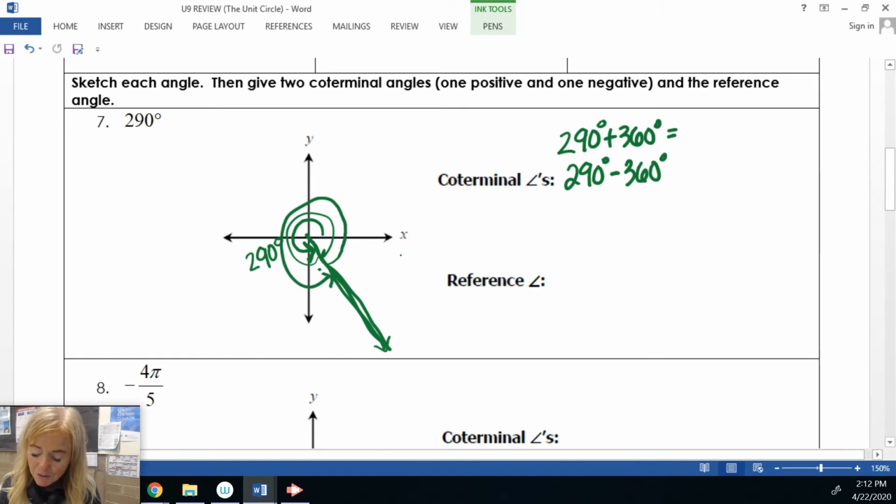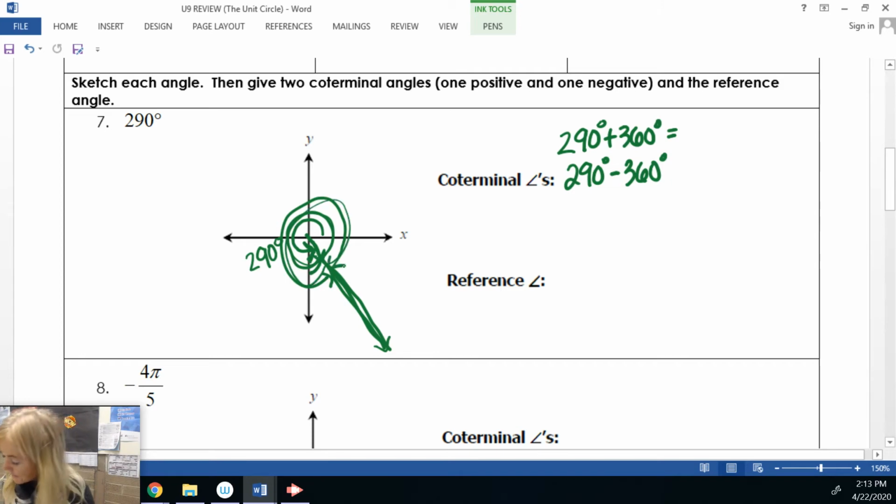So I'm not sure which directions I did on that, my bad, but you're going both ways. So we're adding 360, which means, let's see, let me make sure. Adding 360 is this way. Subtracting 360 is this way.